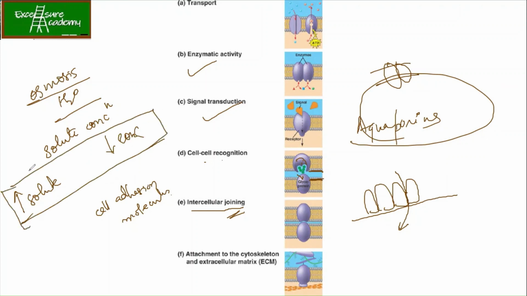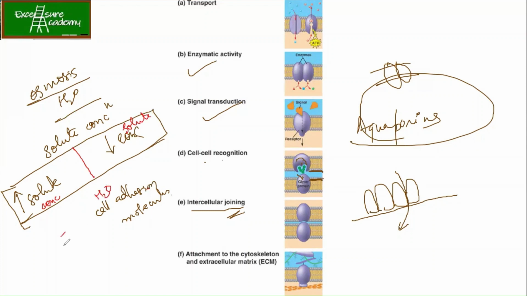Anyone? Tanvi? Yes, Akshaya? I repeat my question. What I'm asking is, if you have high solute concentration this side and a membrane is present and low solute concentration this side, in which direction will water move?